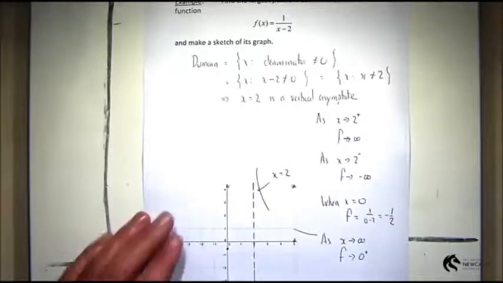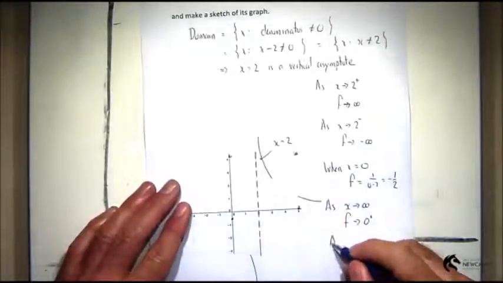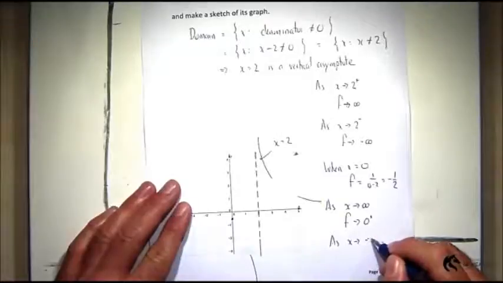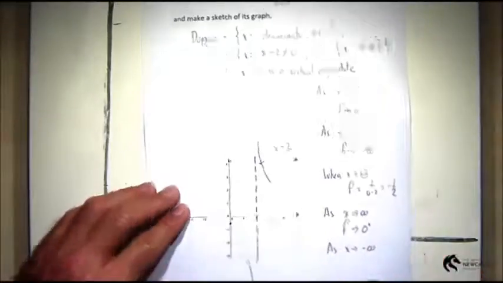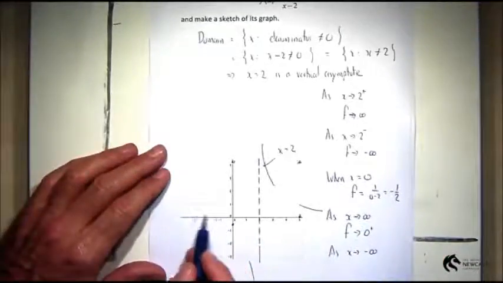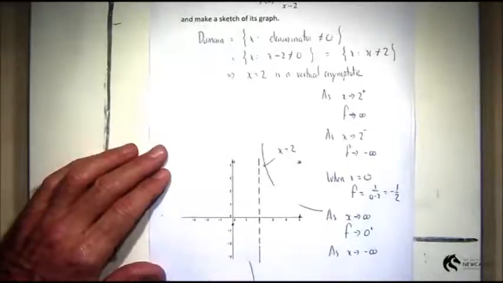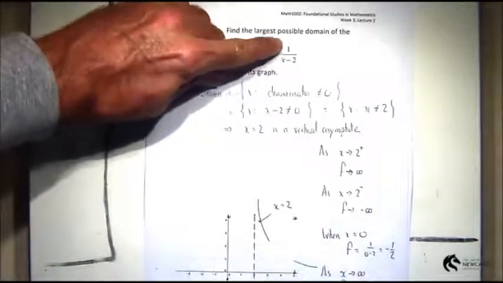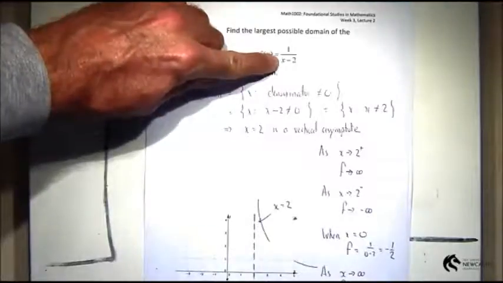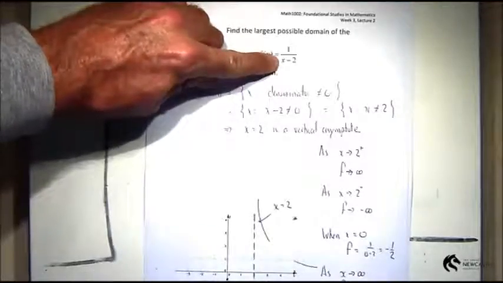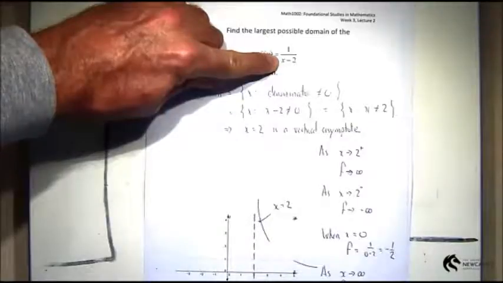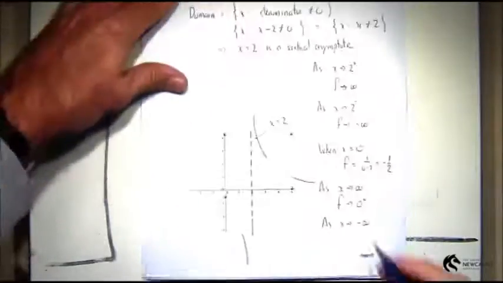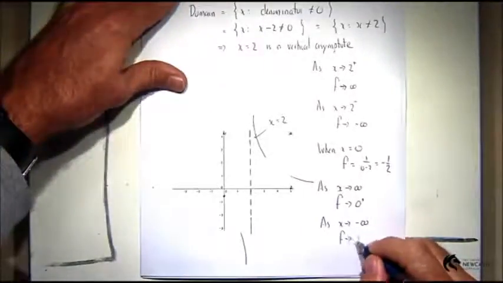And the last thing that I'm going to look at in this case is what happens as x goes towards minus infinity. So as I choose x values out here, if I choose minus 1,000, then this is 1 over minus 1,002. So again, it's very small, but it is negative. So f goes towards 0, but it's on the negative side.